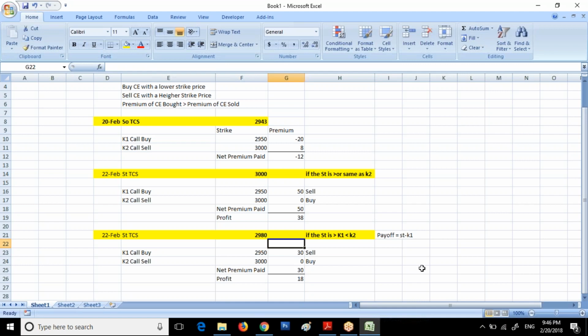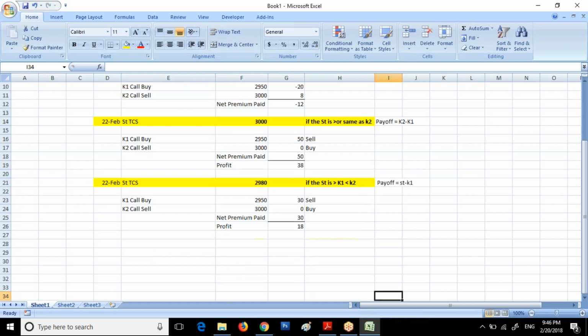So the expiry date price minus the lower call option strike. And if it is the same as K2, then the maximum payoff would be K2 minus K1.